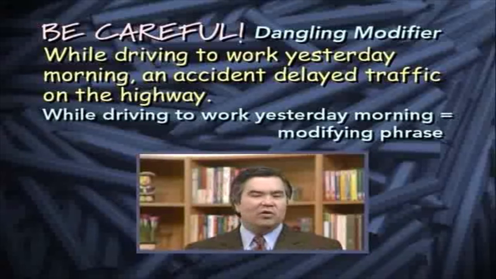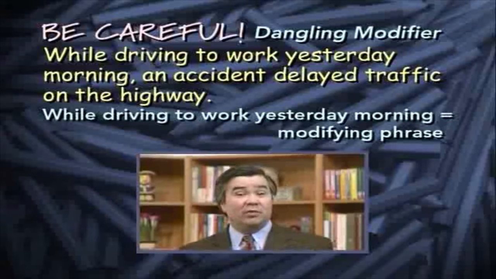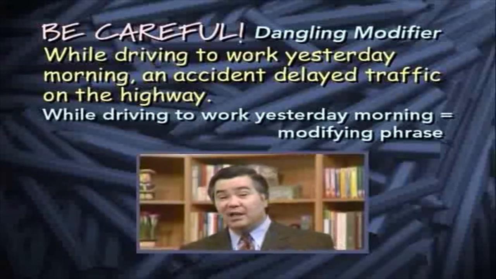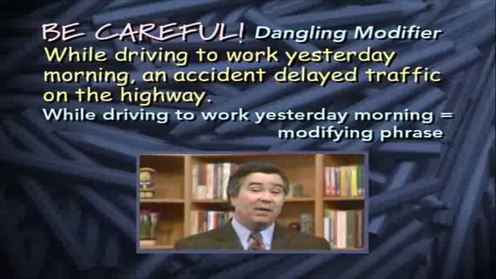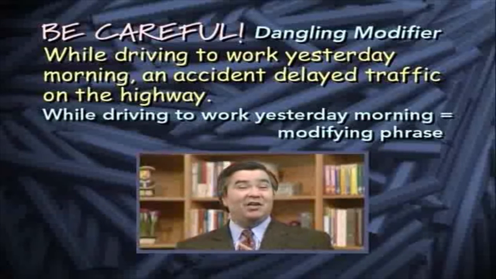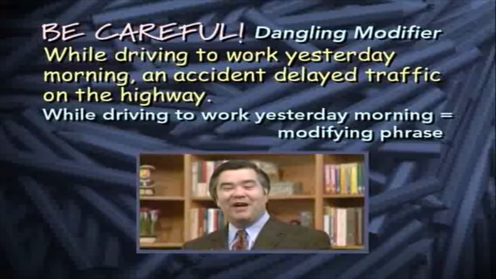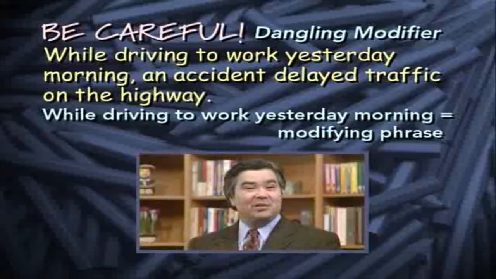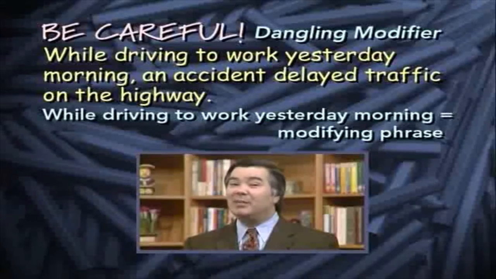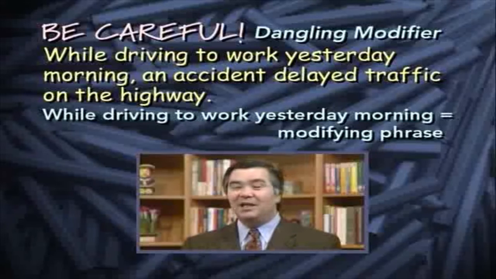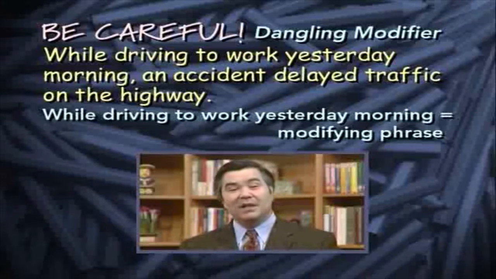That leaves it totally unclear who was driving to work, who was being discussed here. And therefore, there's no real connection between the modifying phrase and whoever is supposed to be modified by it. In fact, the person being modified doesn't appear in the sentence. And that's why we call this a dangling modifier. It is a would-be modifier that doesn't have any word or words to modify.